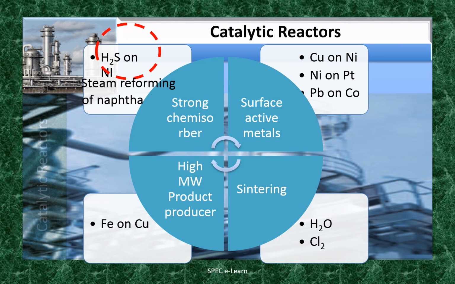Copper becomes active on the surface of nickel and attacks it. Likewise, iron acts on the copper catalyst and produces polymers. Water and chlorine are some of the sintering accelerators on the catalyst.